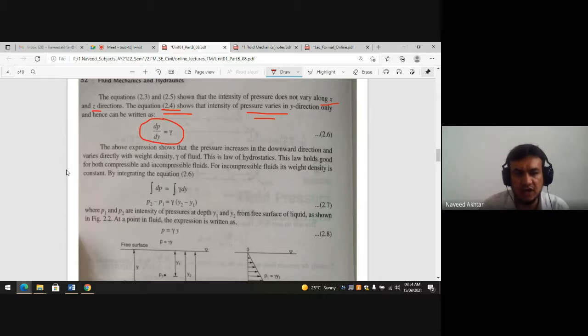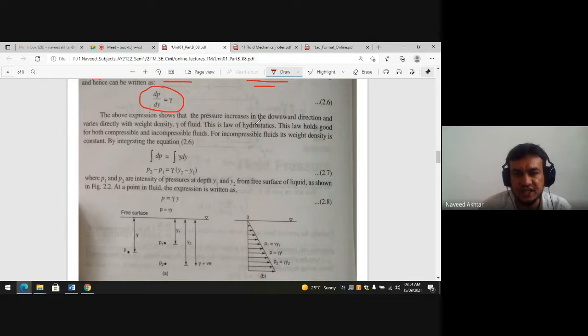The above expression shows that with respect to the head, that is y, the pressure increases in the downward direction and varies directly with the weight density gamma of the fluid.